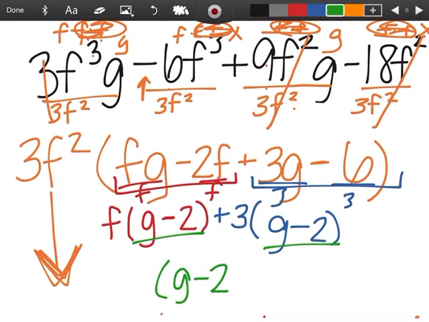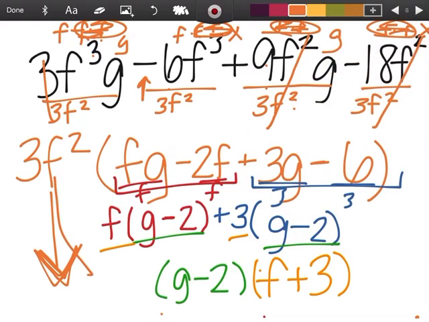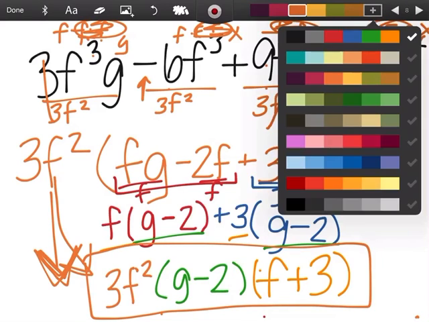What they have in common, I factor out front: g minus 2. The second quantity is what's left over in each term, which is f plus 3. And then what I can't forget is to bring my GCF from the whole thing, 3f squared. So this is the final answer.